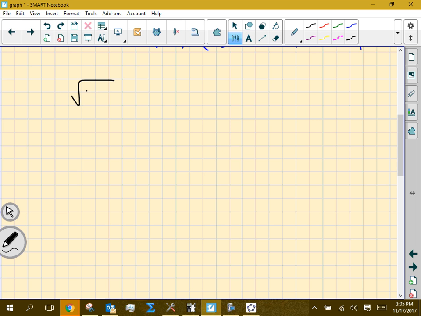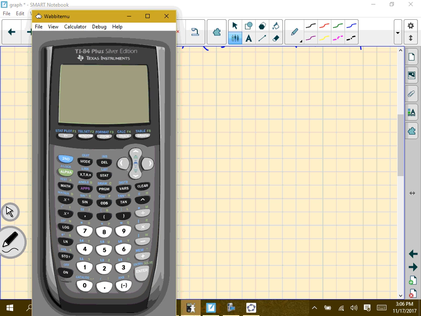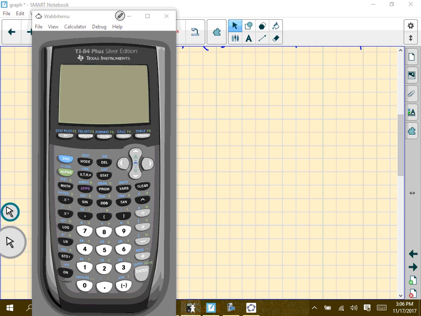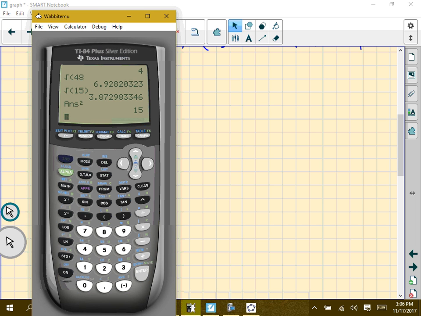But we had radical 45, right? We want to simplify that. Radical 45 is a symbol for a number like 6.5-ish. We type in square root of 45, 6.708.